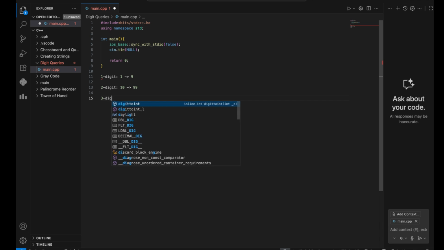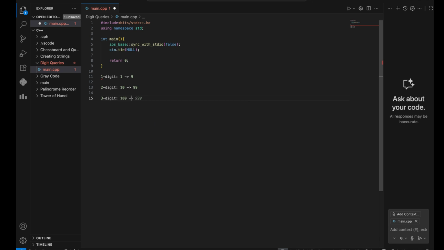The three-digit block is from 100 to 999.